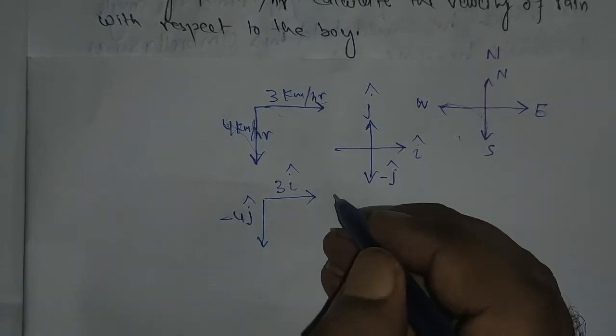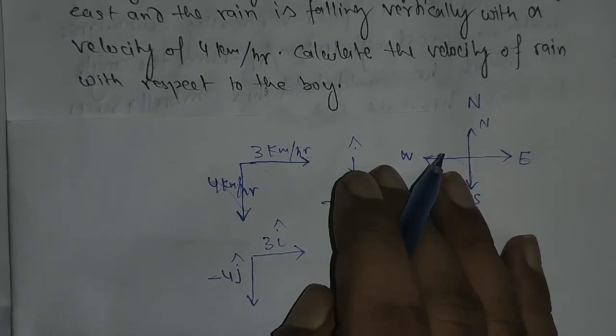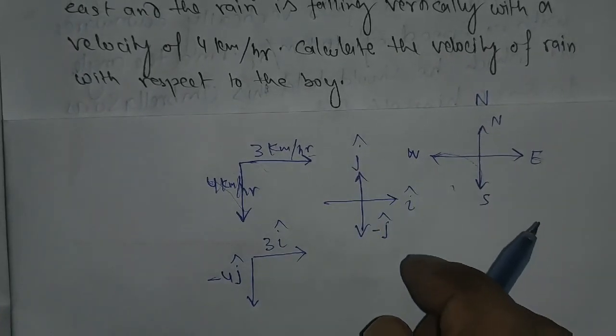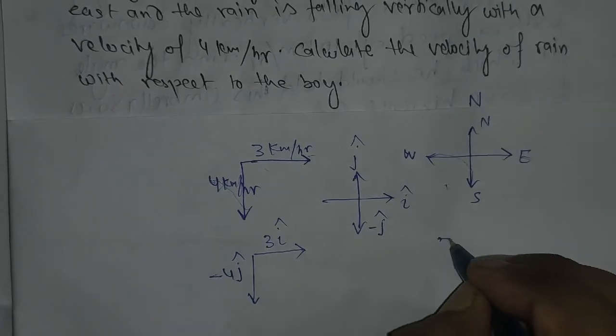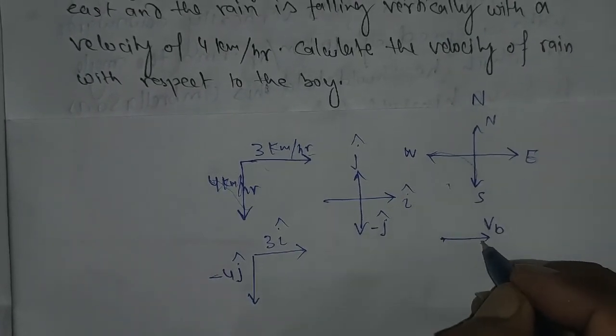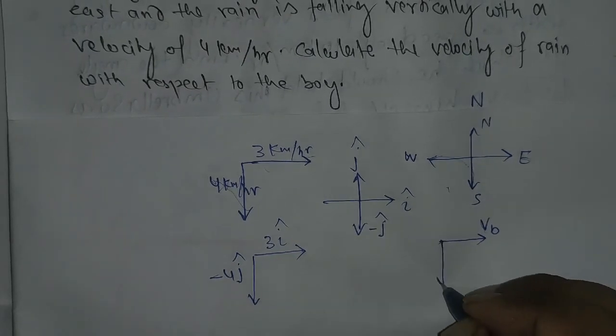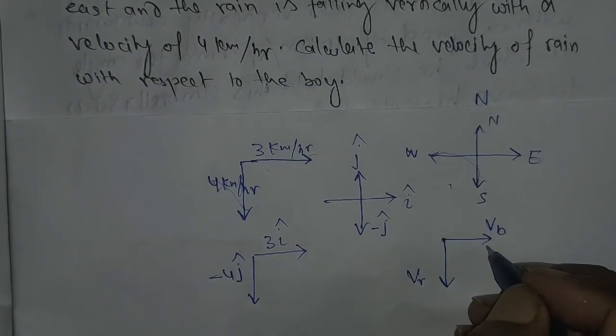Now students, the question is asking, calculate the velocity of rain with respect to the boy. See here, let me draw another diagram. The velocity of the boy was Vb, the velocity of rain was Vr. So what will we have to get?